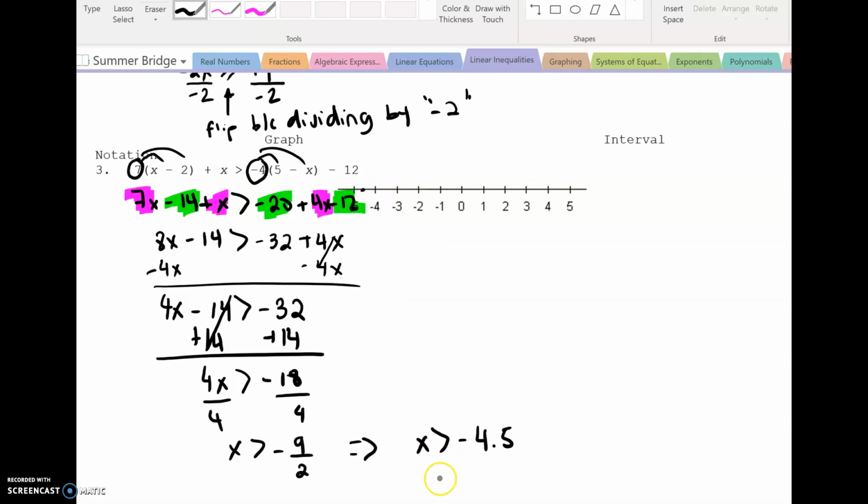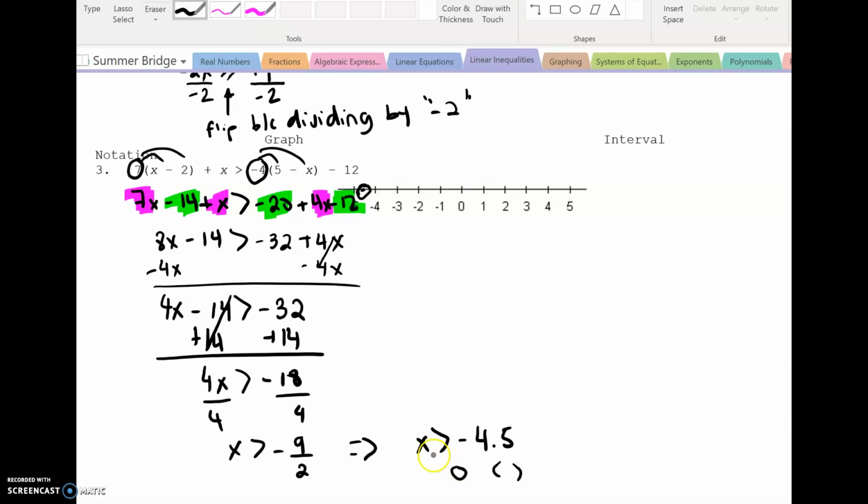Okay, we need to decide, are we using a closed circle or open circle? Because it's not an equal to, we're going to use an open circle, or you can use parentheses. So I'm going to do an open circle here at about -4.5.